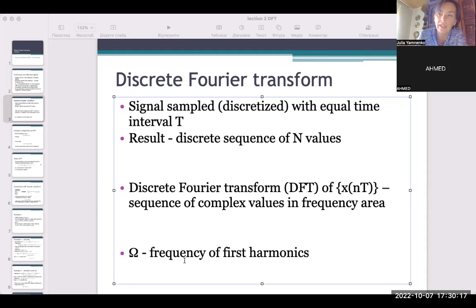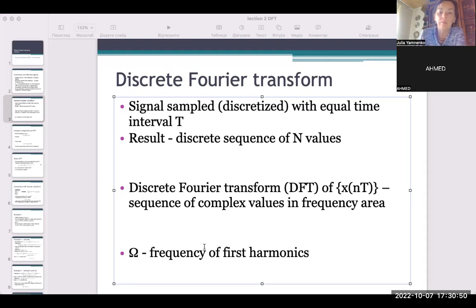If this N is quite large, and in real applications it's really quite large, so it's extremely more than 1, we can neglect this minus 1 and just approximately say that omega capital is approximately equal to 2π over NT, because 1 is negligibly less than N.